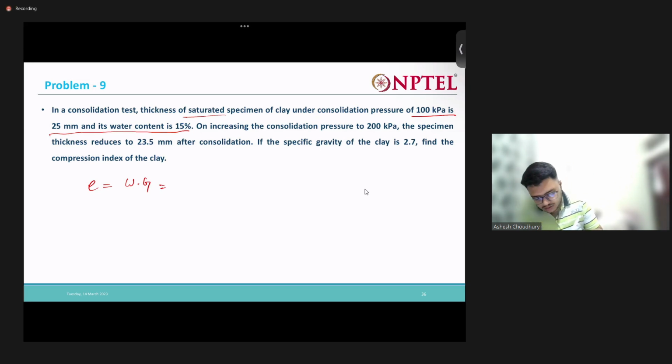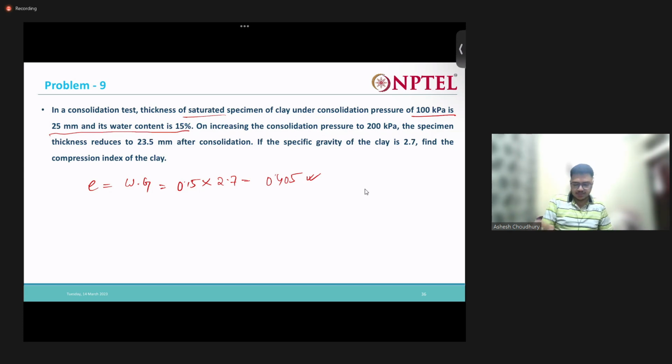So it is 0.15 into 2.7, which is 0.405. Okay, this is my initial void ratio at the start of the test. You are considering this as the 100 kPa initial state. Now from 100 kPa, you are increasing it to 200 kPa.